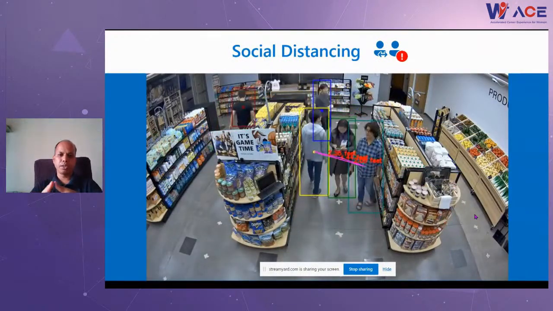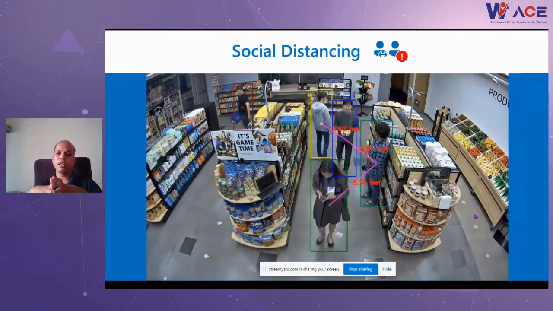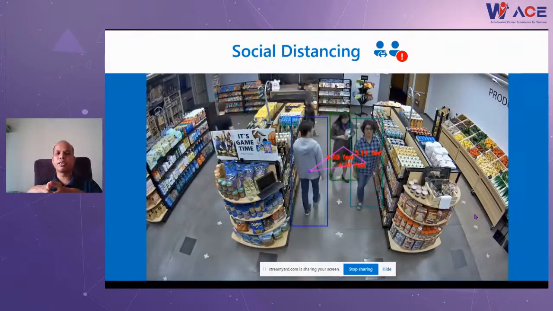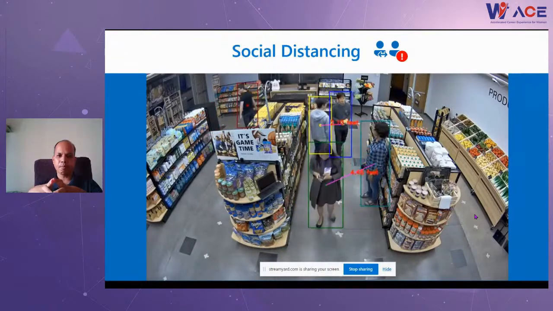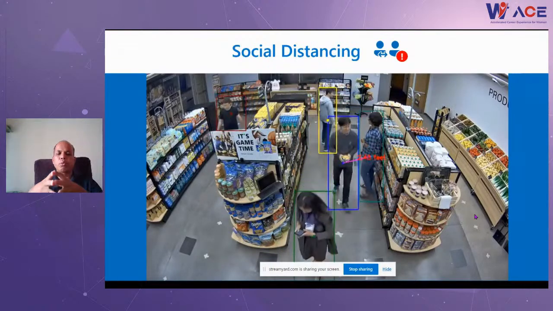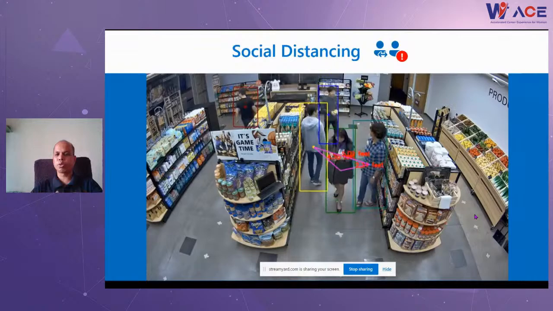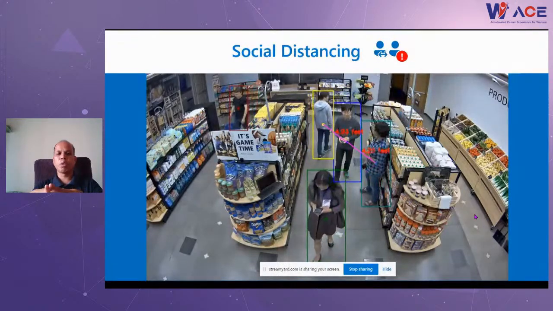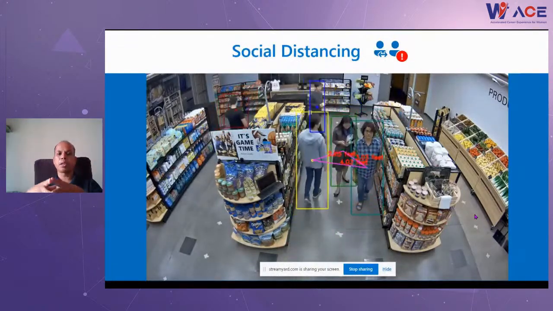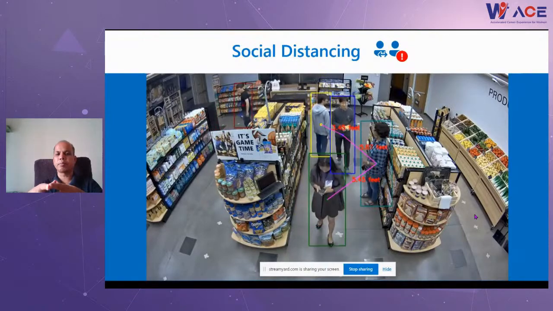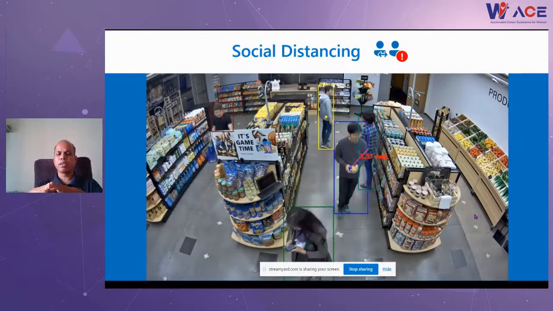Here is another example. There are people within the store, but are they maintaining social distancing among themselves? You can see there is no security guard, no store supervisor, no one running behind them. People are coming and looking at different areas.